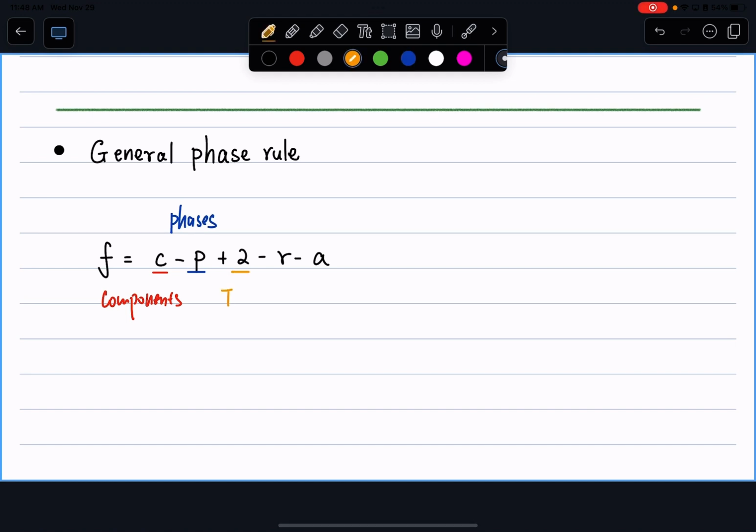This 2 here is your temperature and pressure. R here is your independent reactions. And when we say independent reactions, you can't have sequential reactions that add up to an overall reaction, right? They must be independent from each other. And A is your system-specific restrictions.